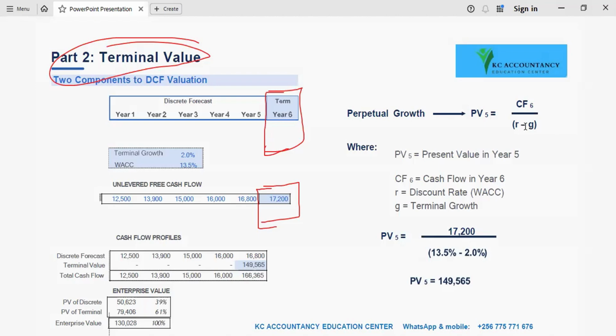We can see an unlevered free cash flow of 17,200 US dollars in year 6.